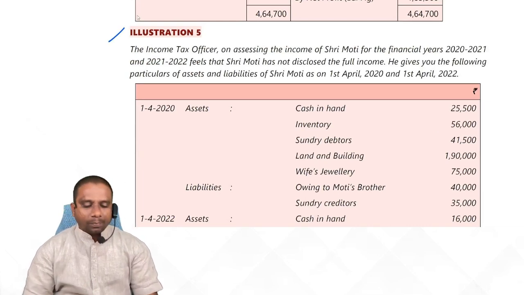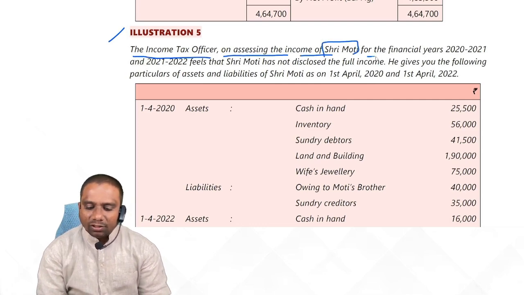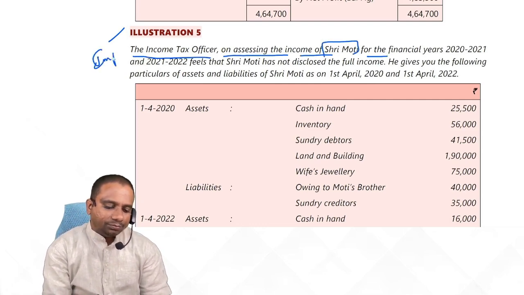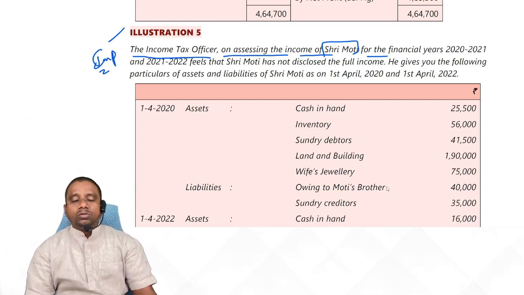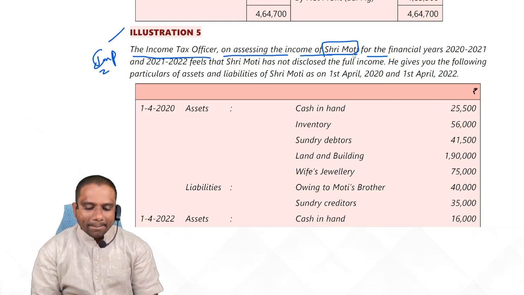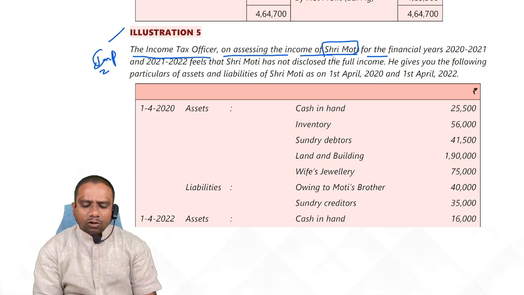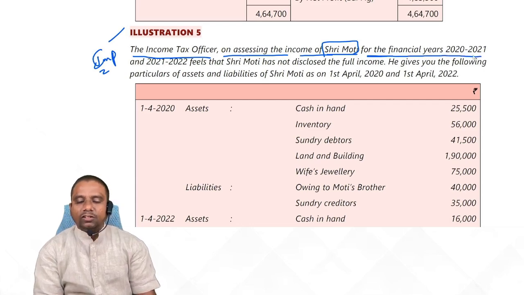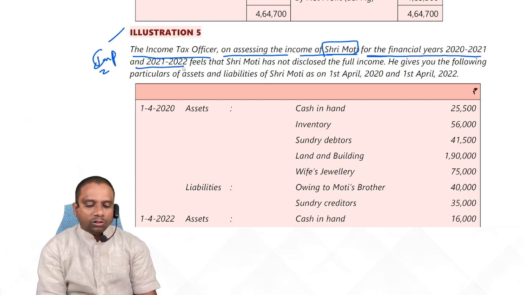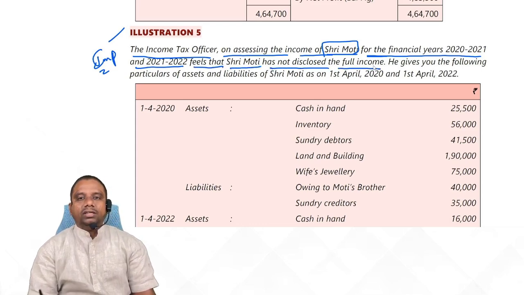Illustration 5. The income tax officer, on assessing the income of Sri Moti, for this is an important problem, students. In this problem we have a concept that we try to understand. The income tax officer on assessing the income of Sri Moti for the financial year 2021 and 21-22 feels that Sri Moti has not disclosed the full income.